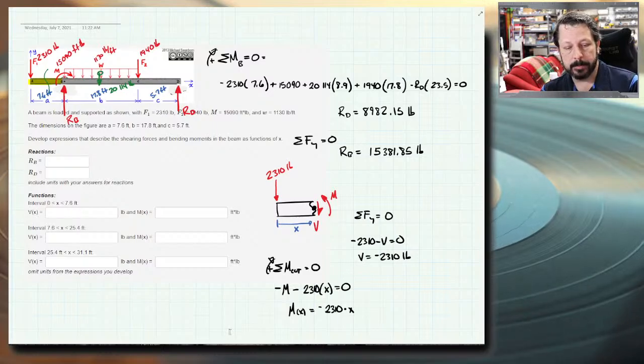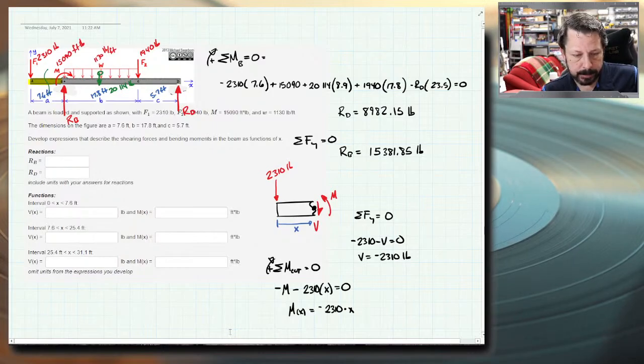So I could envision this beam, and maybe you already know the reactions at B and D, maybe you don't, depending on how hard the problem's supposed to be. But the question could be, given this beam, what is the bending moment at a point 10 feet from the left end?